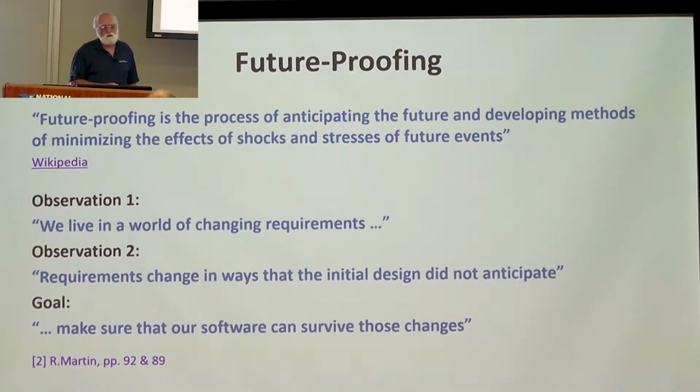The second one, requirements change in ways that the initial design did not anticipate. And our goal is to make sure that our software can survive those changes. So given those quotes, I would say that the main purpose of using Agile design technology is to future-proof your designs and code. So this topic is, I think, most relevant to our summit today.